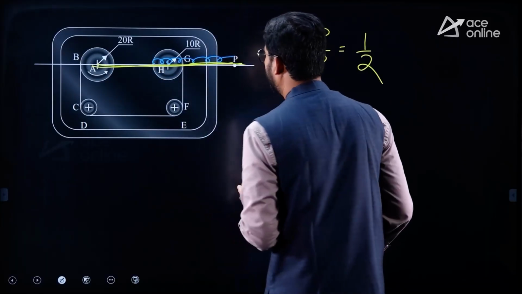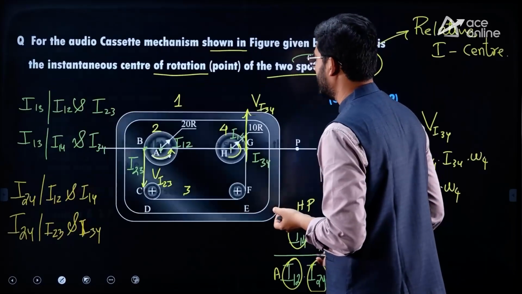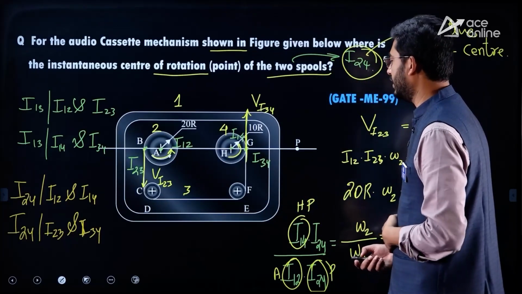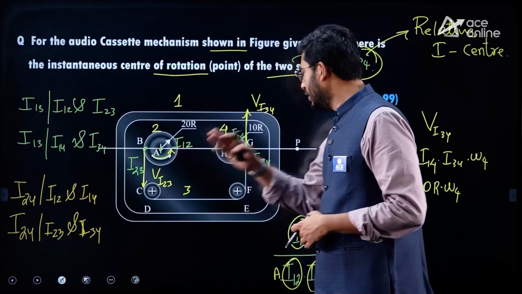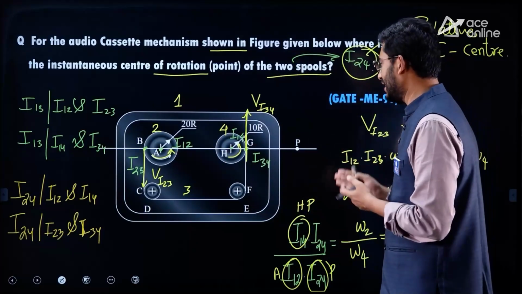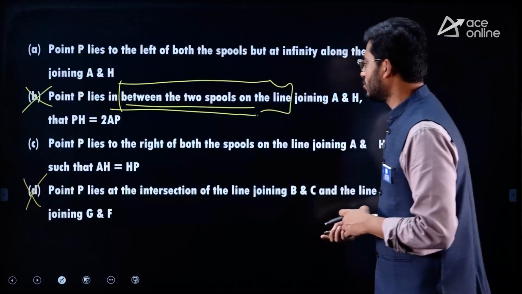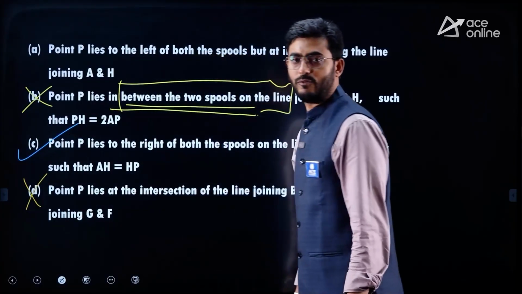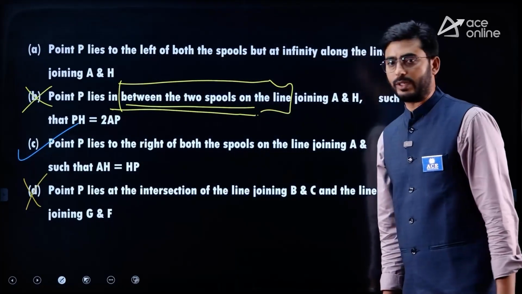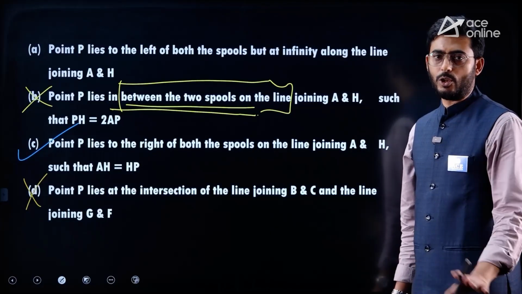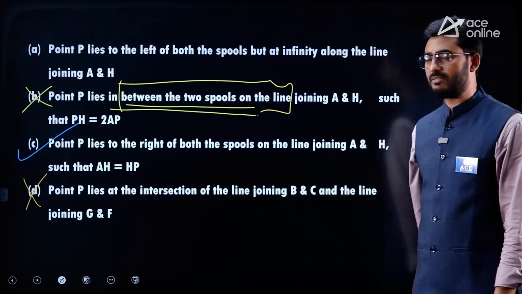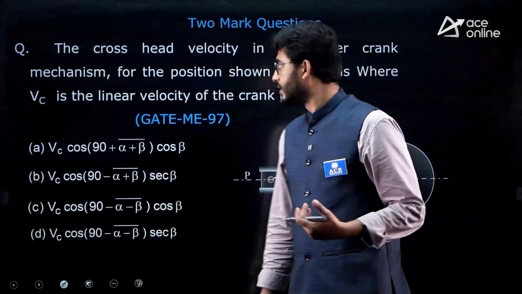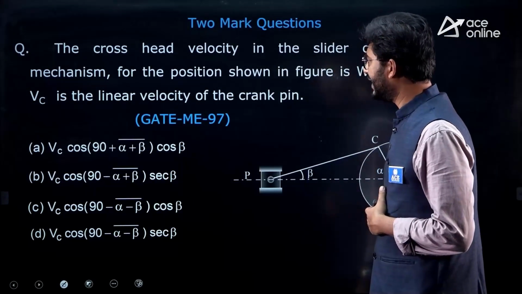So the point P has to lie on the right side, and the hint was given to you indirectly in the question itself. So option C is the answer for this question. It will involve a lot of critical thinking, so just be very patient when you find these kind of questions. Dear students, let's see the next question, that is from the GATE 1997.